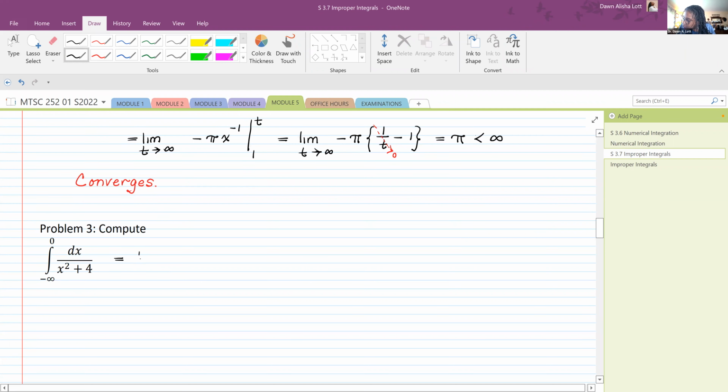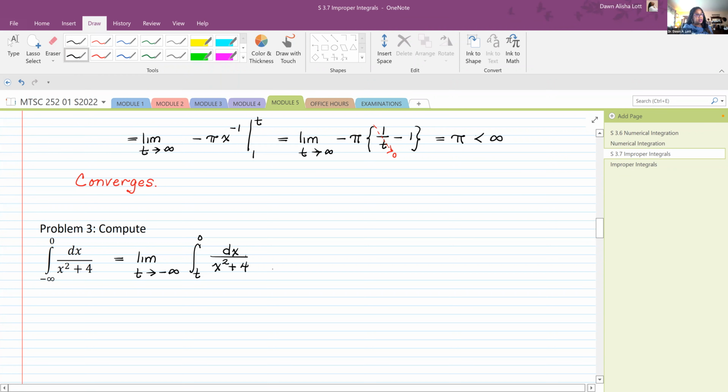This is the limit as t approaches negative infinity of the integral from t to 0 of dx over x squared plus 4.